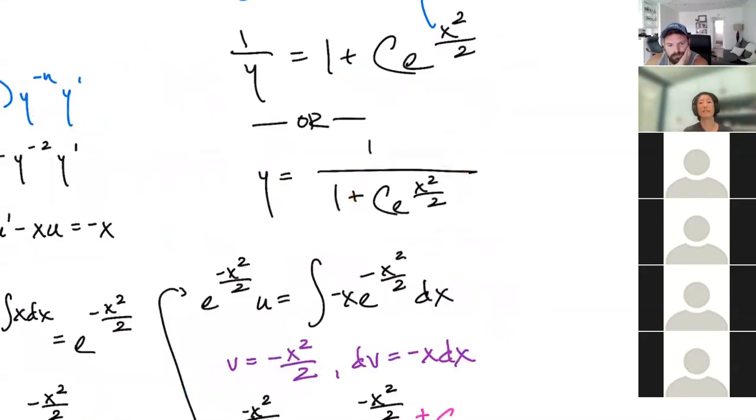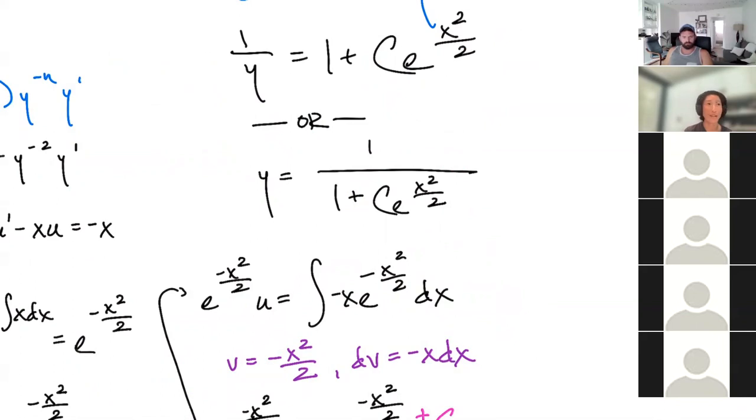That's an excellent question. C is a number, right? It's only a number, so we can only combine it with other numbers. Here we have e, which is also a number, but x is a variable.